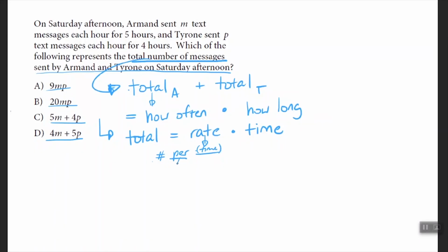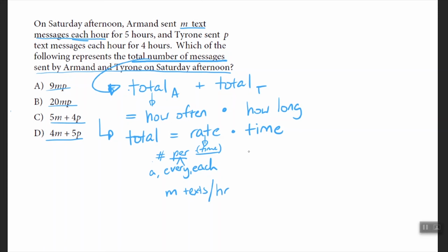And the word per can be replaced with the word a, every, each, and a couple more, but these are the main ways you'll see it. To find this in our problem, we can see that right here. Armand sent M text messages each hour. So our rate here is M texts per hour.